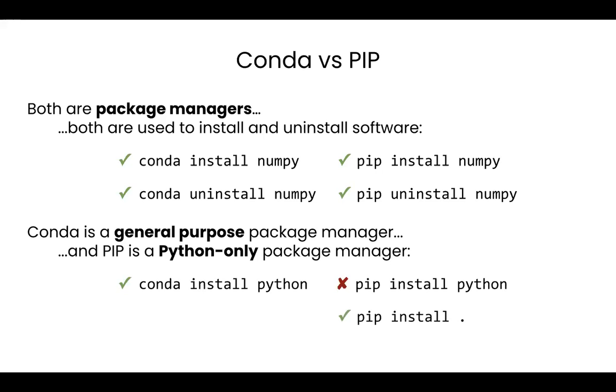Also, as we discussed in the last tutorial, if you download a software package that has a working setup.py file, you can use pip to install that downloaded package directly from your hard drive using a command like this, where dot is a reference to the local current directory where setup.py is assumed to be. There is no equivalent with Conda.